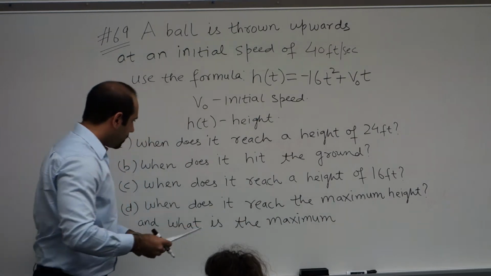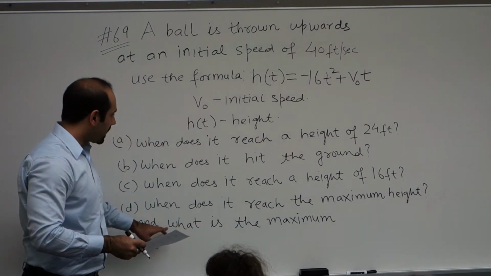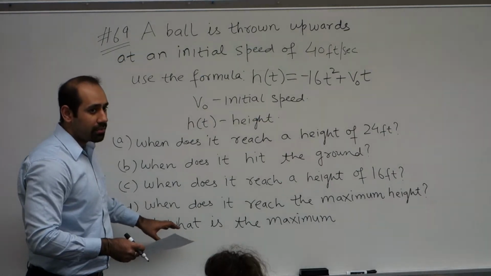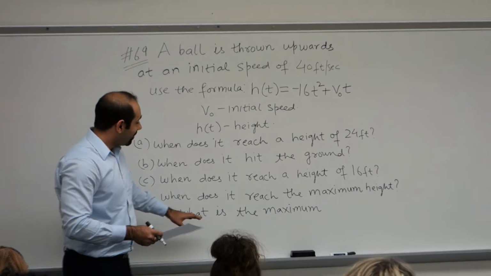So what do you think we want to figure out? We want to figure out the time that it takes for the ball to reach the maximum height, and what is the maximum?